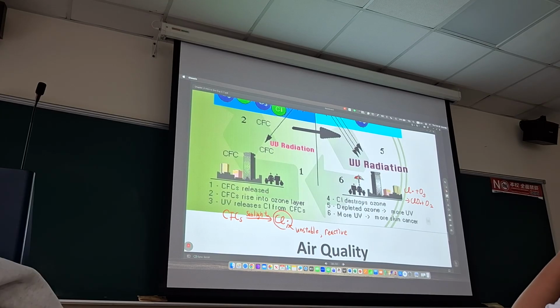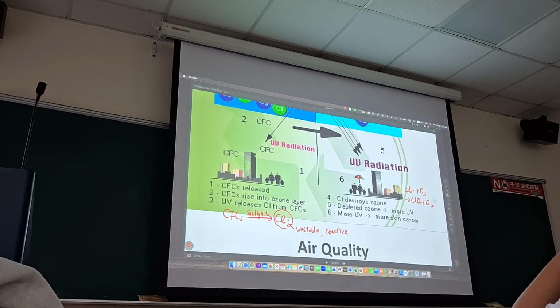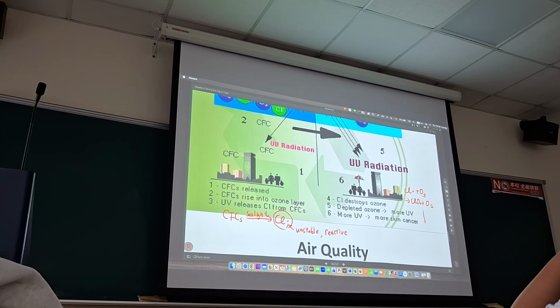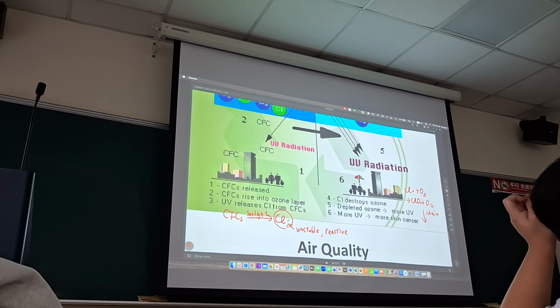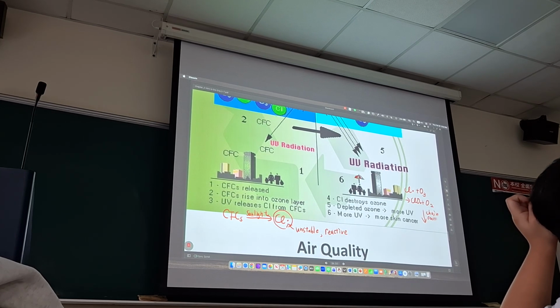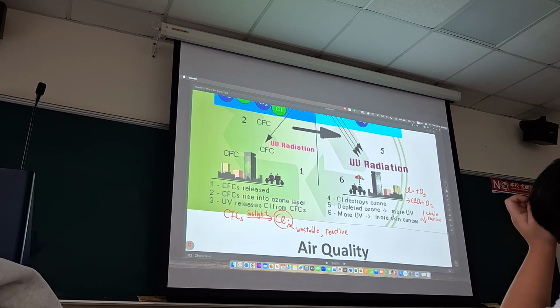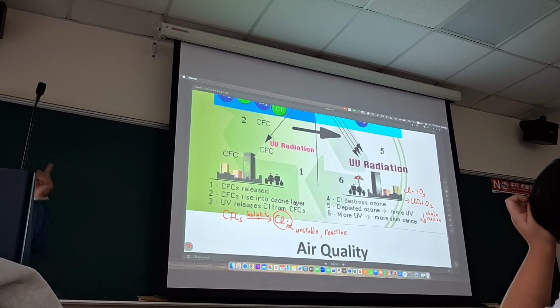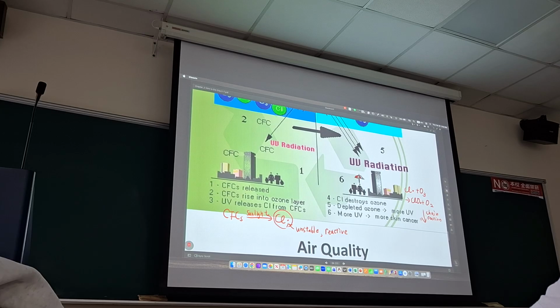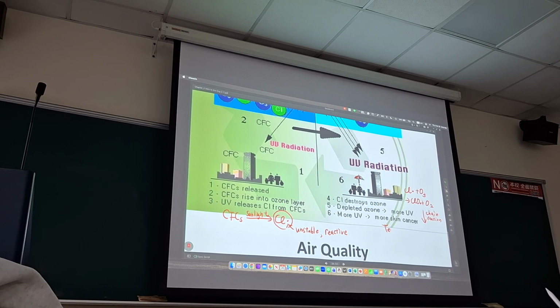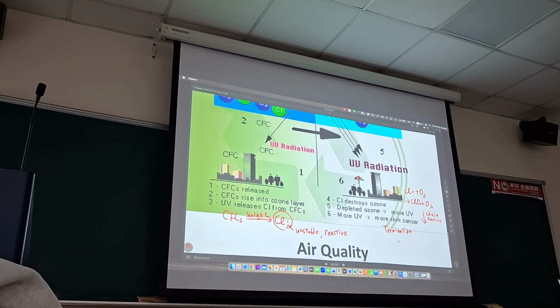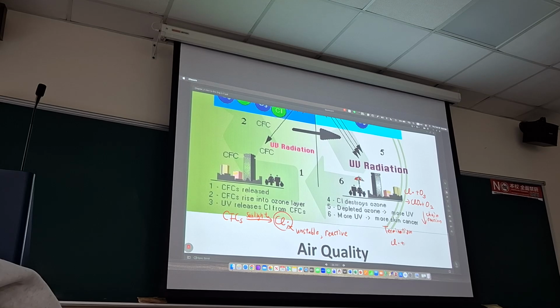It will cause so-called chain reactions. The chain reaction means it will continue to break down the ozone until something called termination. I think you know this from organic chemistry, right? So ClO free radical in contact with ClO free radical becomes Cl2O2.